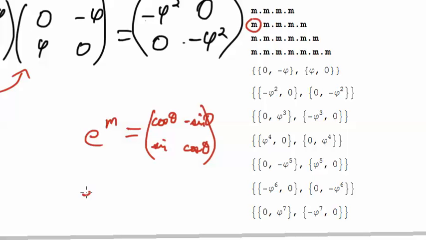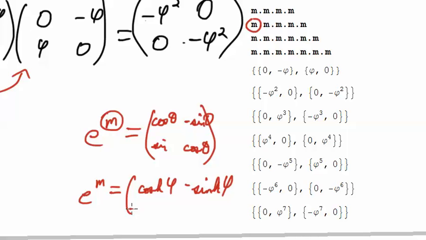And if you assign different values to m, you can get the hyperbolic rotation matrix: cosh phi, sinh phi, sinh phi, cosh phi.